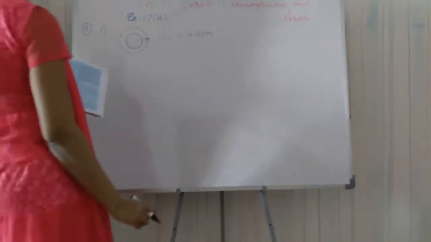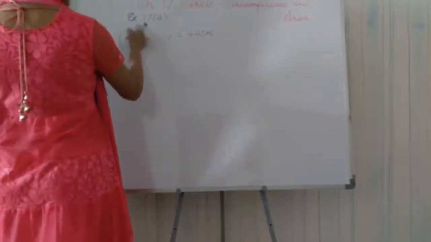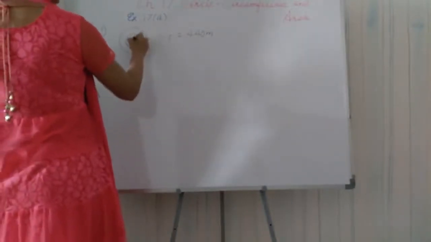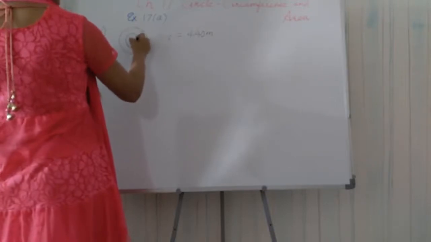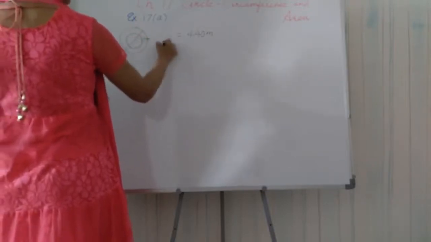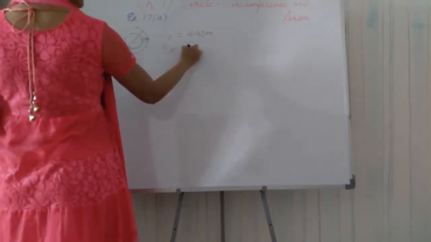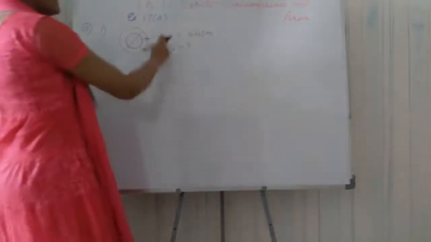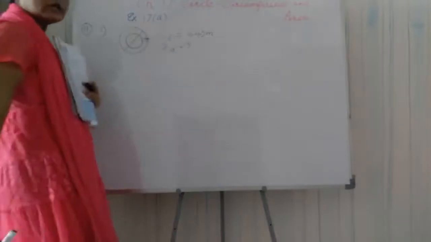Now, find the diameter of the outer circle of the track. We want to find the outer diameter, DO. So, first of all, let us find the inner radius. We don't know the inner radius.